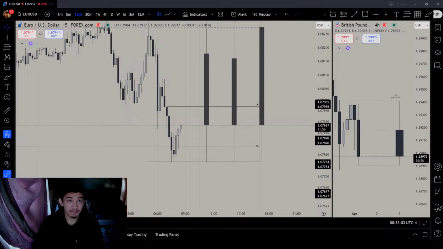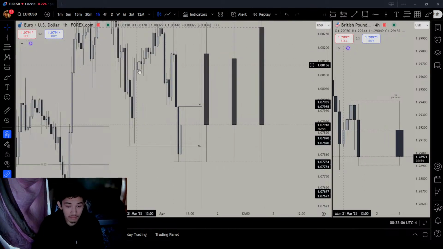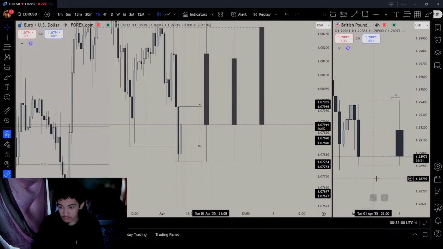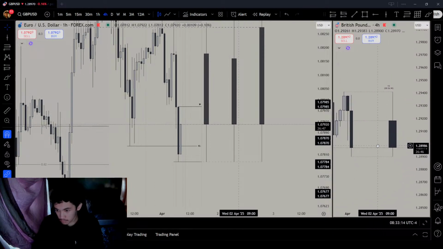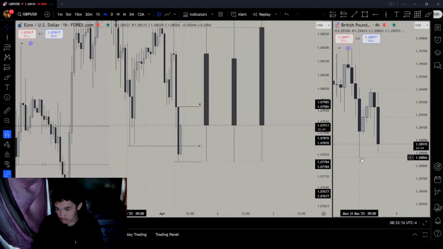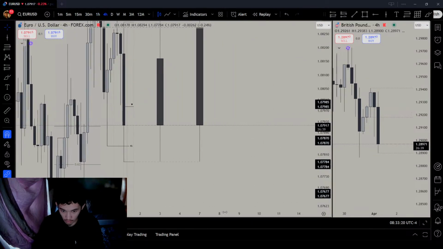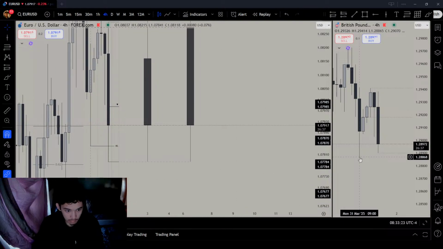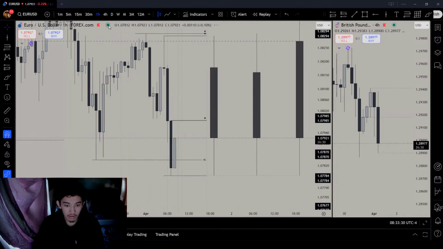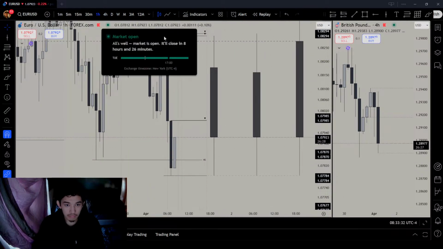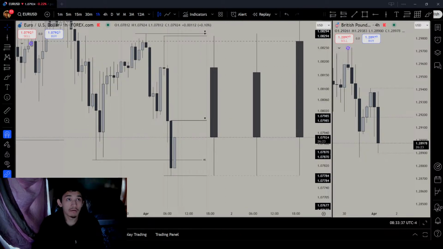Oh, so we have SMT with this low right over here. Let's see if the SMT will hold.